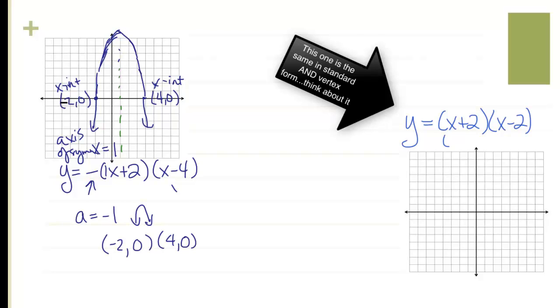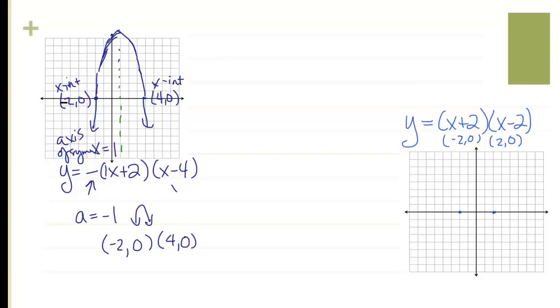My x-intercepts are going to be -2 and +2. So x-intercepts are also called solutions because they're solutions to the equation if we set y equal to 0. My axis of symmetry is going to be 0.